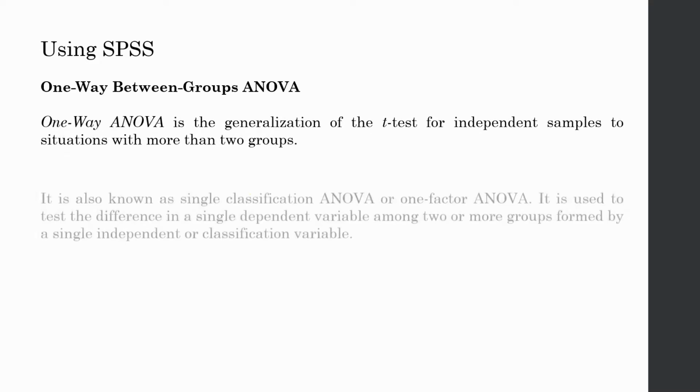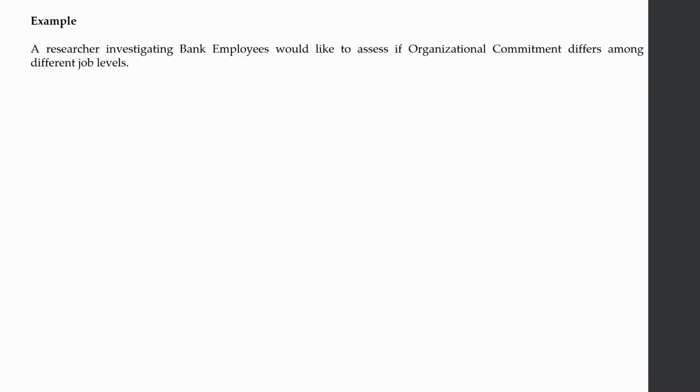First of all, I'm going to briefly give you the example. A researcher would like to investigate organizational commitment and whether or not it differs between different job ranks. Job ranks are junior, middle and senior. So there are 3 job ranks and you want to assess whether organizational commitment differs across these 3 job ranks or not.